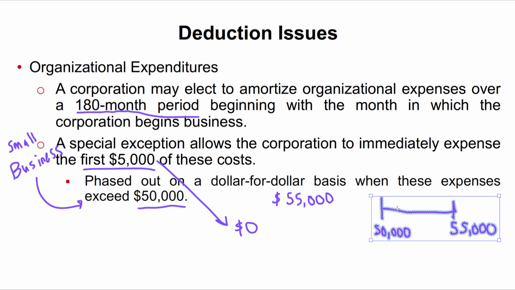Anywhere in here with respect to your amount of organizational expenditures is going to qualify for deduction immediately. You also get the 180 month as well, but we're talking about immediately. Special carve out, okay? You're going to get that, but once you hit 55,000, you don't get that. You just do everything over 180 months.